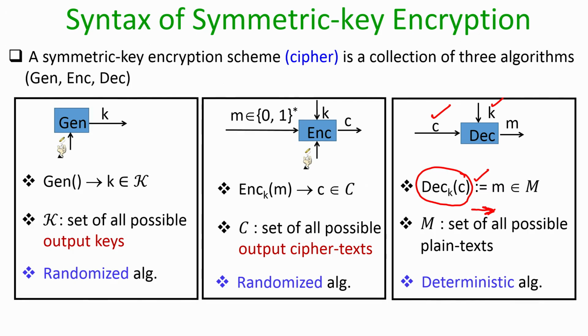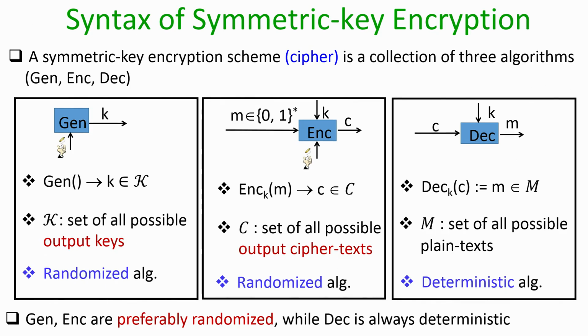I will not get different m for different invocations of DEC on the same c and k. In that sense, it is a deterministic function, and as a result we use the assignment operator to denote the output of the DEC function. So, that is the syntax of your key generation algorithm, encryption algorithm and decryption algorithm.